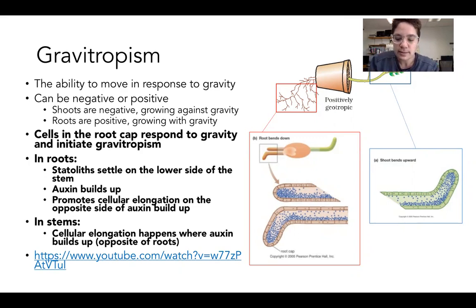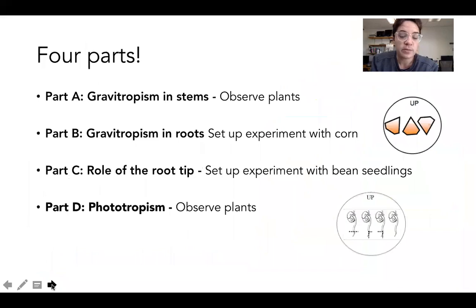So that is the information that you'll need before going into lab today. There are going to be 4 parts to this. In part A, you'll just be observing some plants, so you'll just have to draw them and explain why you're observing what you're observing. In part B and part C, you're going to be setting up little experiments.